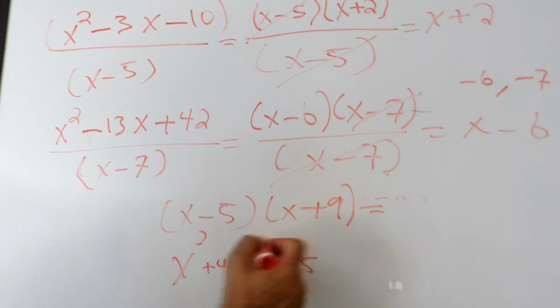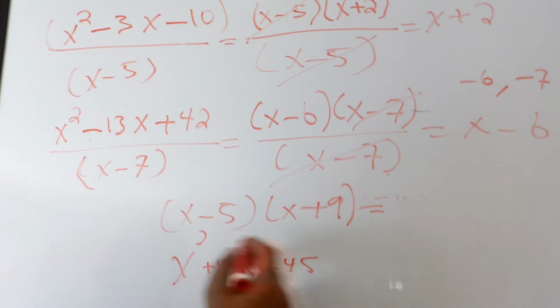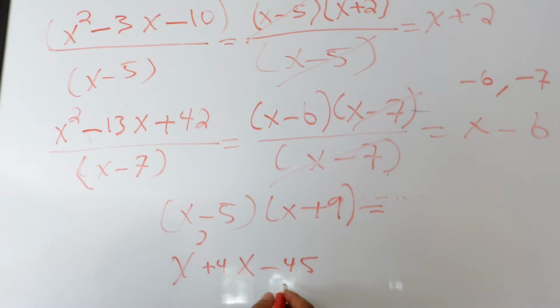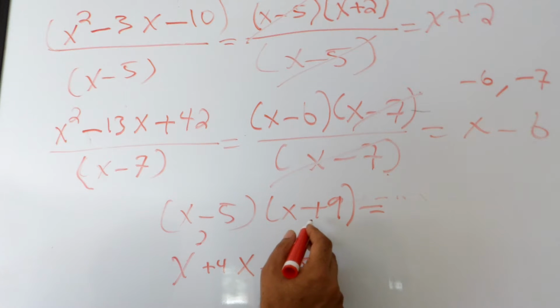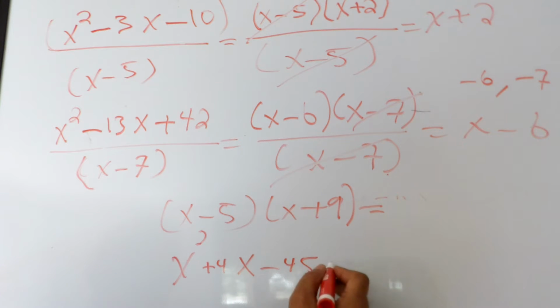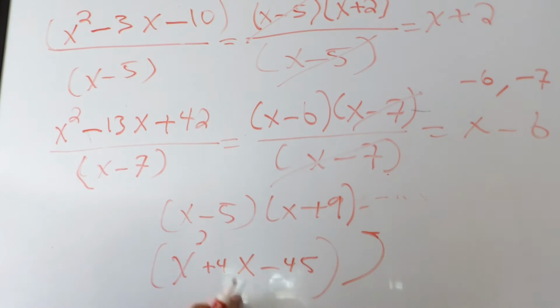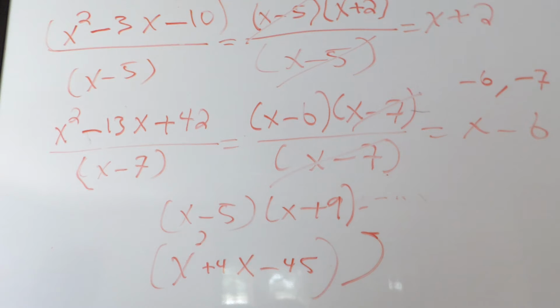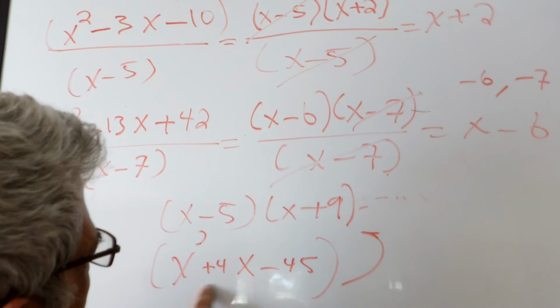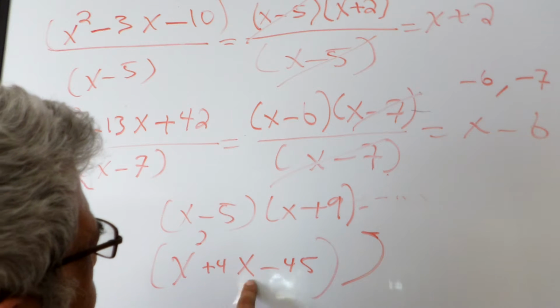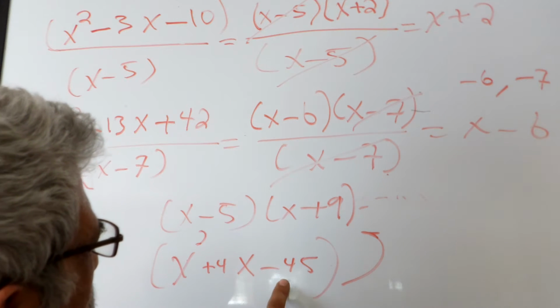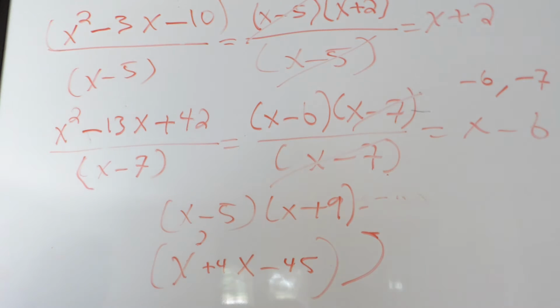So if you multiply them, 9 times 5 is 45, minus 45, and minus 5 plus 9 is 4. So every time you see something like that, you should be able to see which two numbers add up to this and multiply to this. Okay, you have to practice a lot.